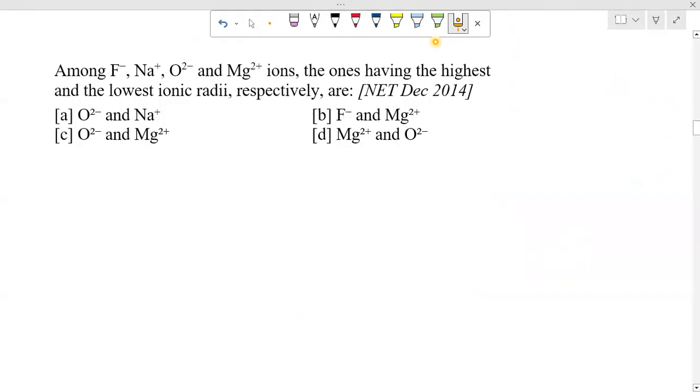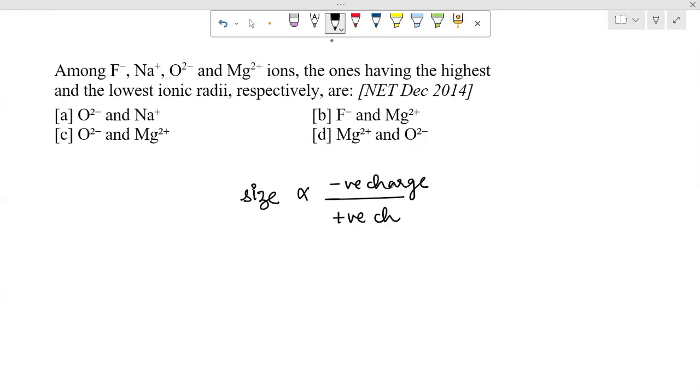Easy question. Among F minus, Na plus, O2 minus, Mg2 plus, the ones having the highest and the lowest ionic radii respectively are. The principle is size of an atom or an ion is directly proportional to the negative charge and inversely proportional to the positive charge. So if we can see, all of these are isoelectronic species.